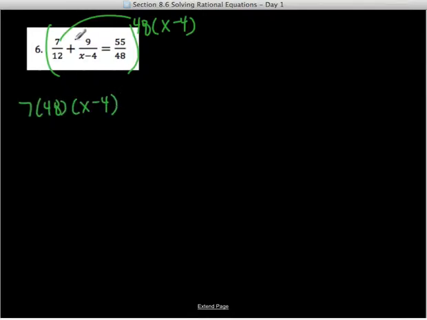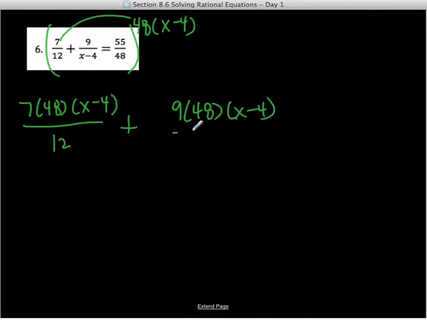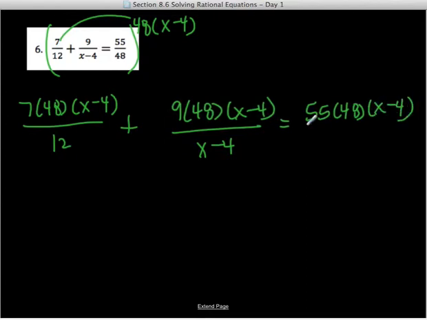So I'm going to multiply all the numerators by this, and it's over 12 plus 9 times 48 times x minus 4 all over x minus 4 will equal 55 times 48 times x minus 4 all over 48.